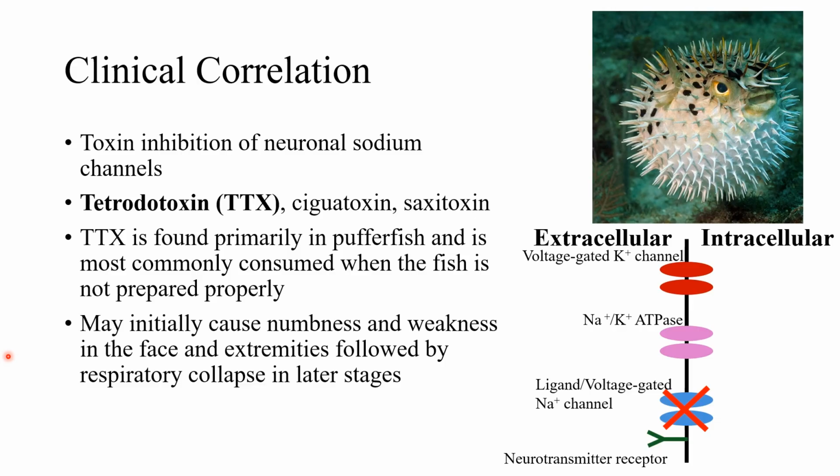But if you really have enough of this toxin, that's when you get into big trouble because then your diaphragm starts to fail, which means respiratory collapse, and you'll need a tremendous amount of supportive care. I say supportive care because there is no known antidote or cure for this. You kind of just have to ride it out until the toxin eventually lets go of the channel if you're able to survive that long.